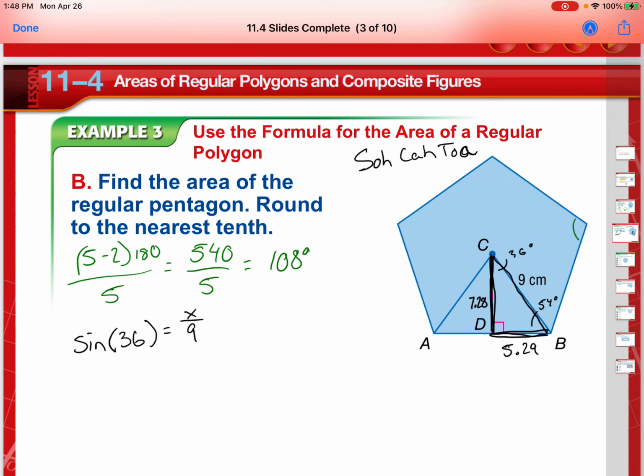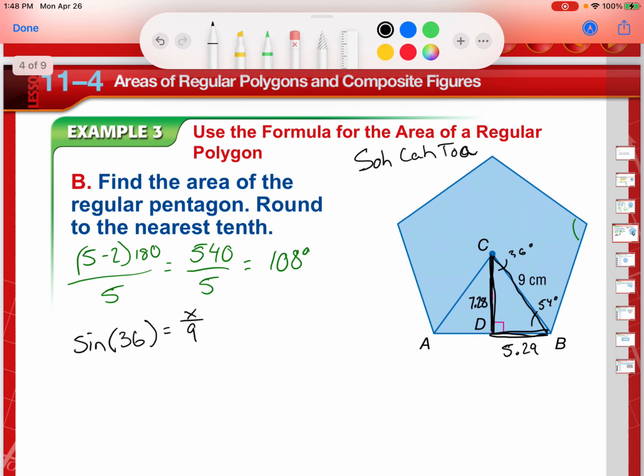So now we have almost all the information we need in order to solve this. And the only missing piece is we need to know the length of AB, which is of course going to be just 2 times 5.29. So I would get 10.58.